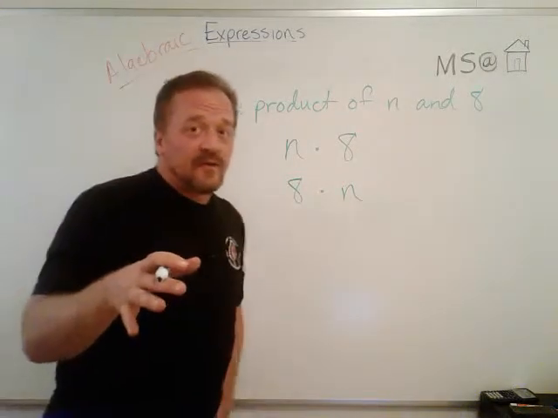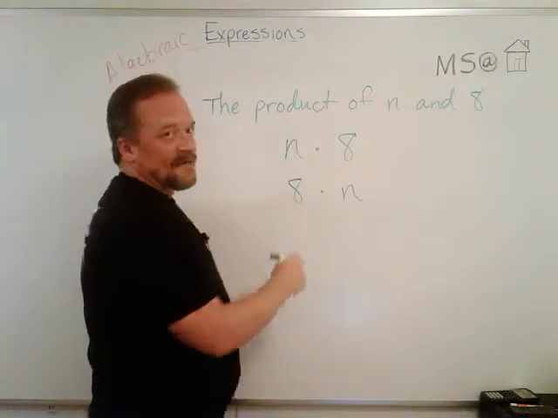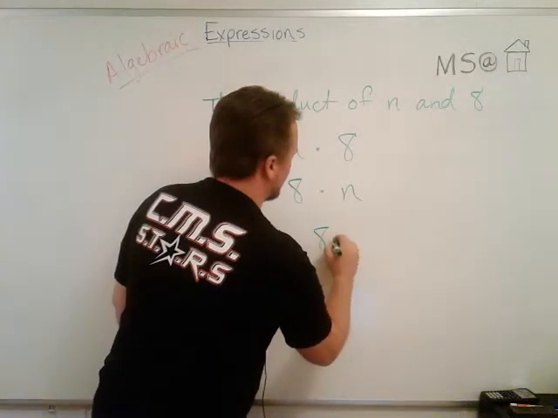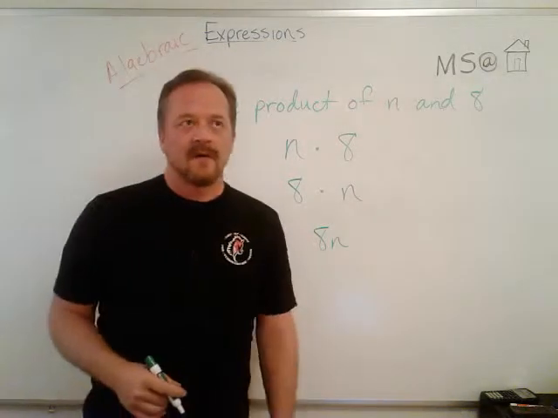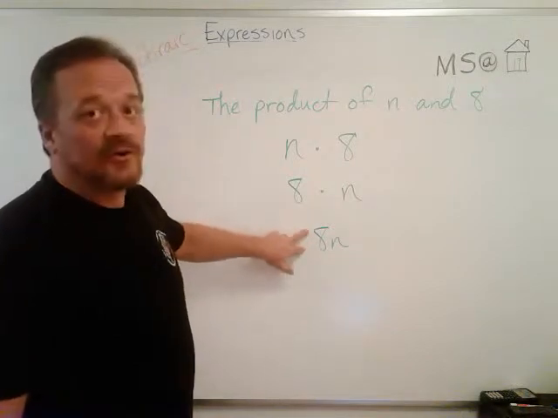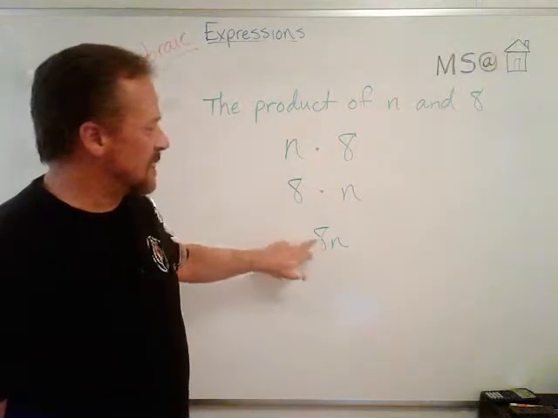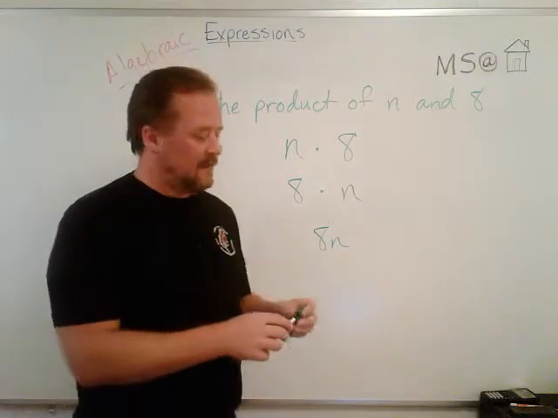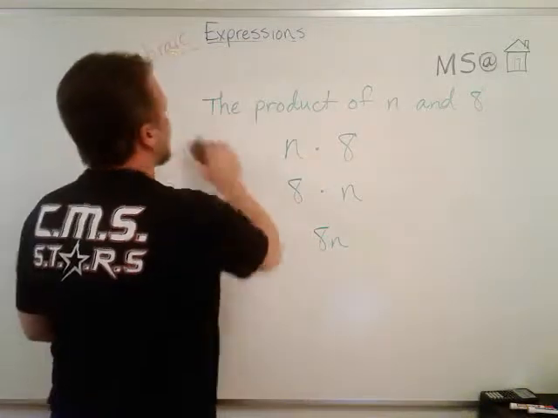And just like we were doing with algebraic expressions in the last lesson, you don't even have to put that dot there. You can write this as 8n. Any one of those is correct, okay? When you get more used to writing algebraically, this one will be your go-to. You'll almost always see it written with a coefficient and a variable, 8n, okay? So there's product. Let's try something else.